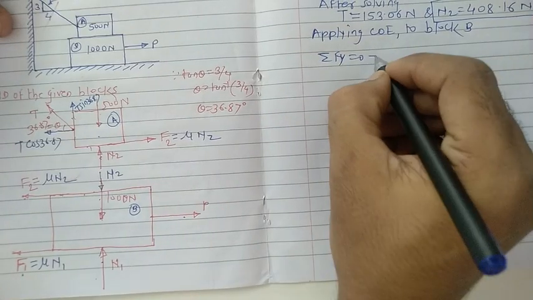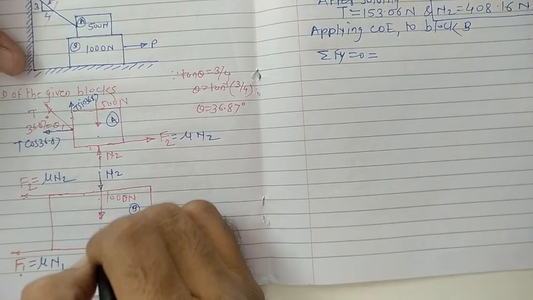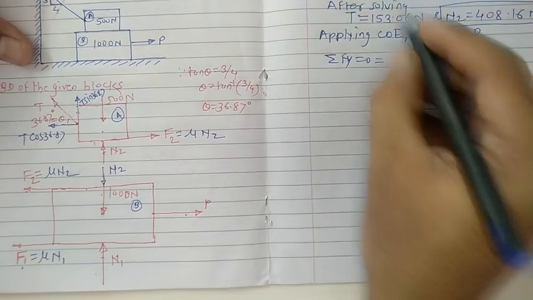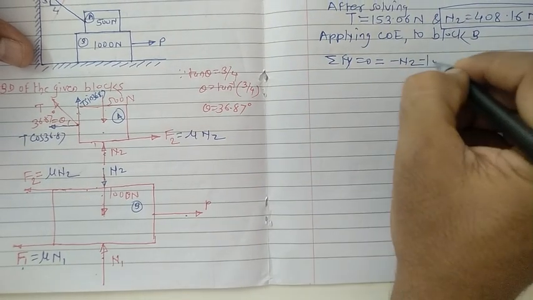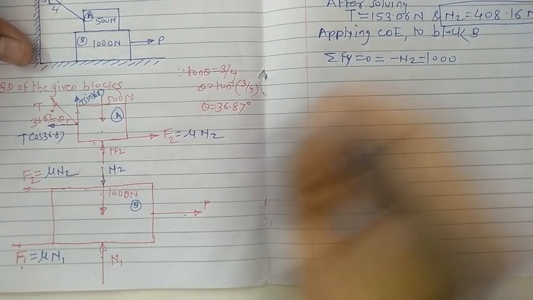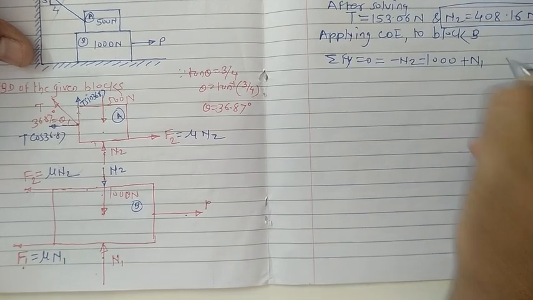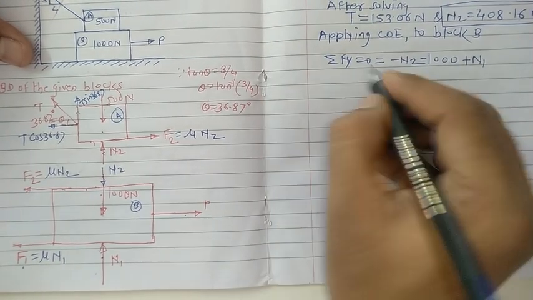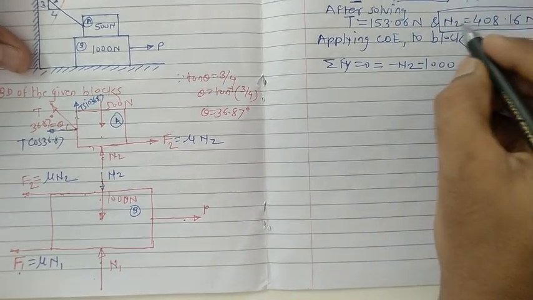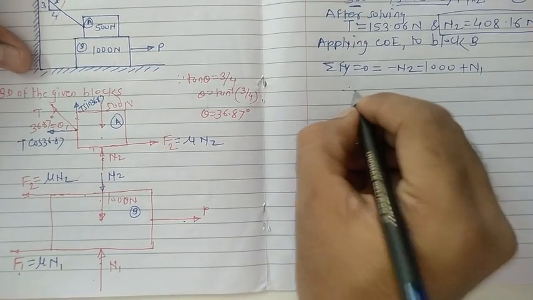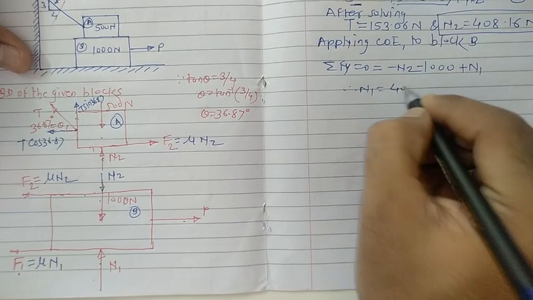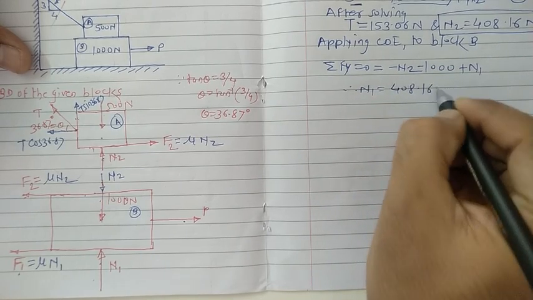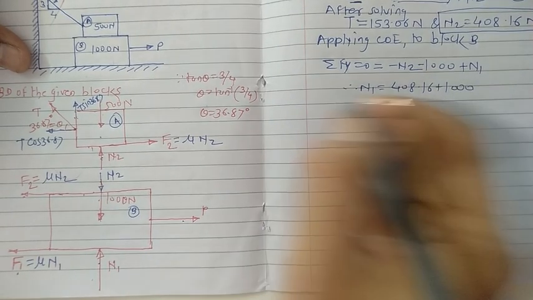Now just focus only on the vertical forces. N2 acts vertically in the downward direction, so the minus sign here. The 1000 Newton also acts vertically downward, so the minus sign. N1 with us acts vertically in the upward direction, so the plus sign for this one. Already the value for N2 is with us, substitute it here and get the value for N1. So N2 with us is 408.16 plus 1000.